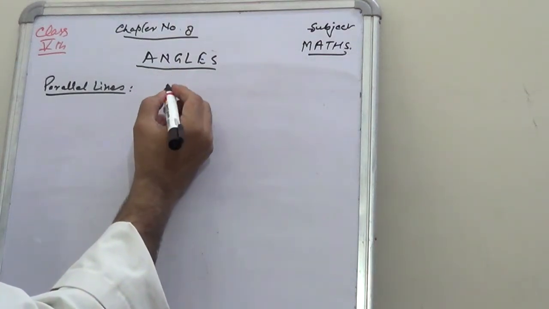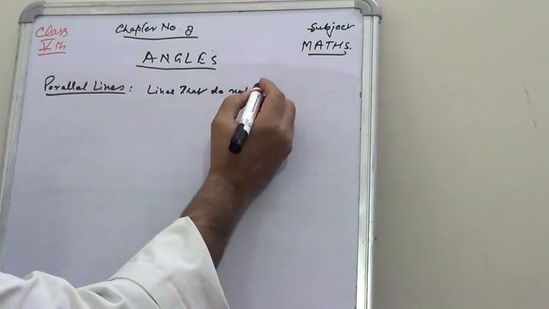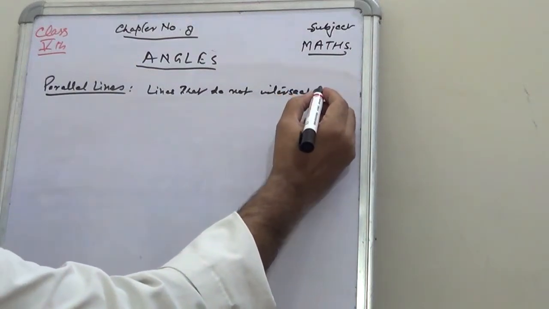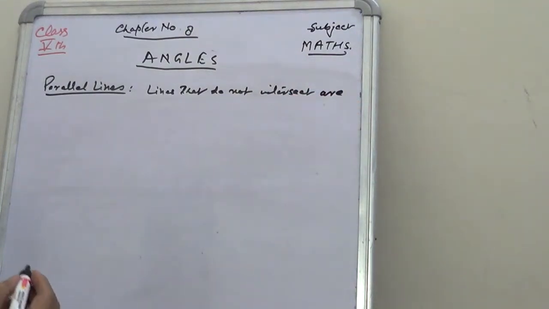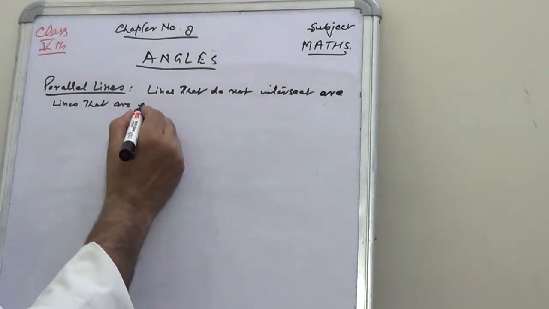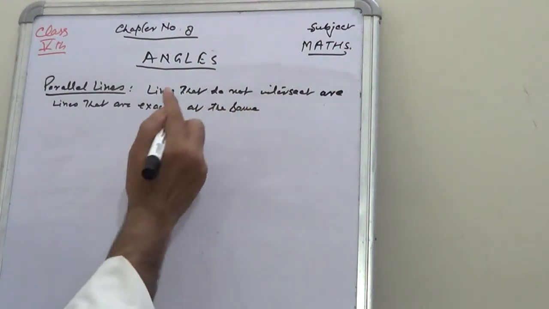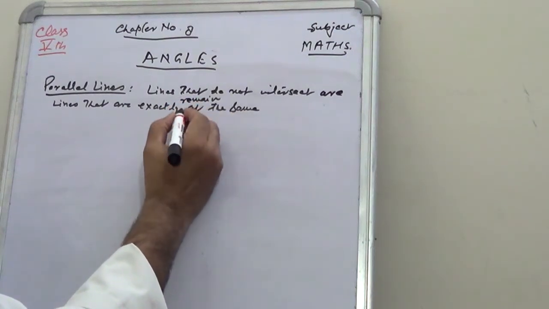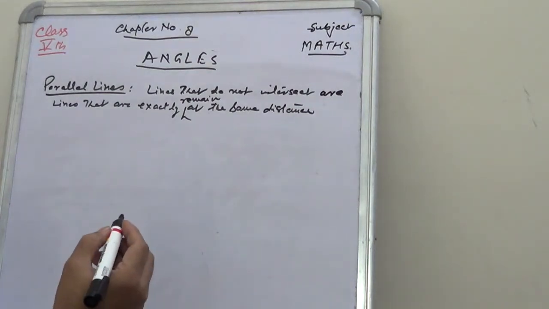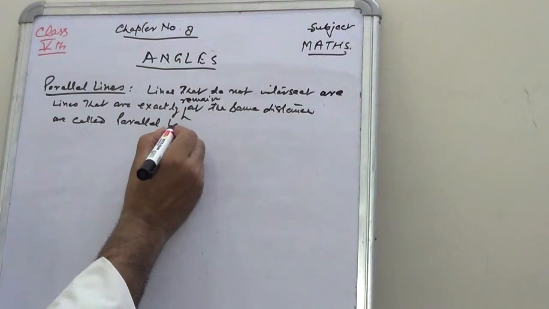Parallel lines are those lines that do not intersect, or lines that are exactly at the same distance, exactly remain at the same distance, are called parallel lines.